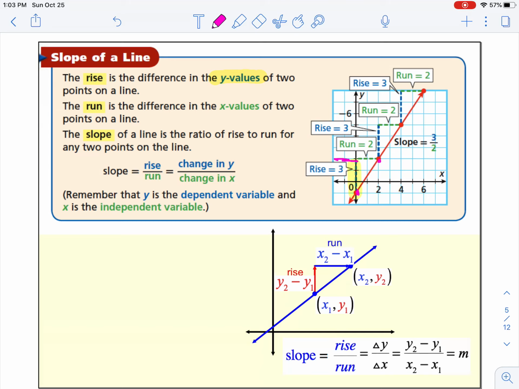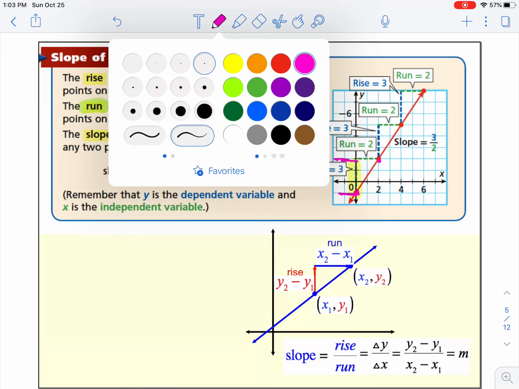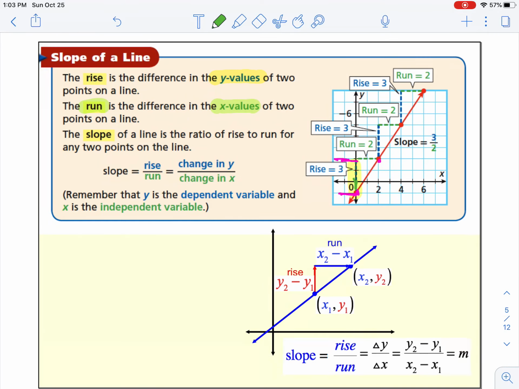So it's really the difference between this y value and this y value, and that's how we calculate it. The run right here is the difference in the x values. When we go from those two points, the difference in the x values is from here to here. And that's how we calculate our slope of the line.